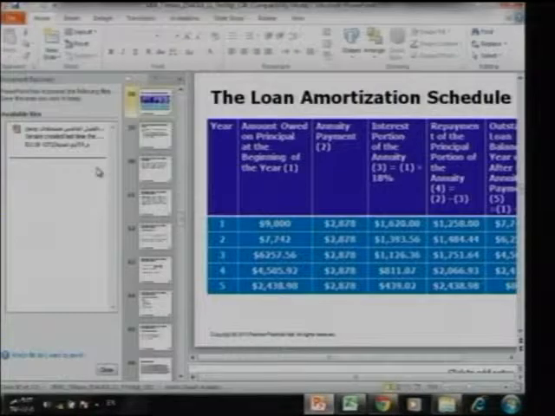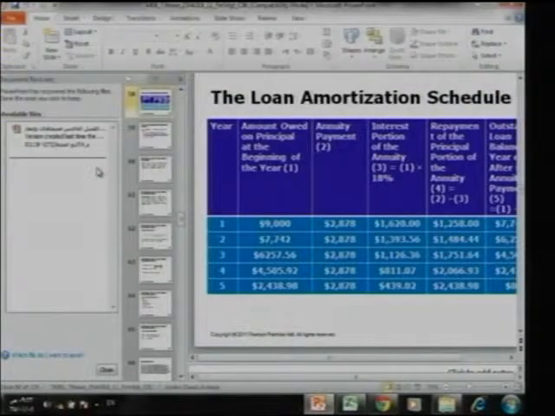The second is the amount owed on principal. The third is the annuity payment. Then the interest portion, let's say interest payment.